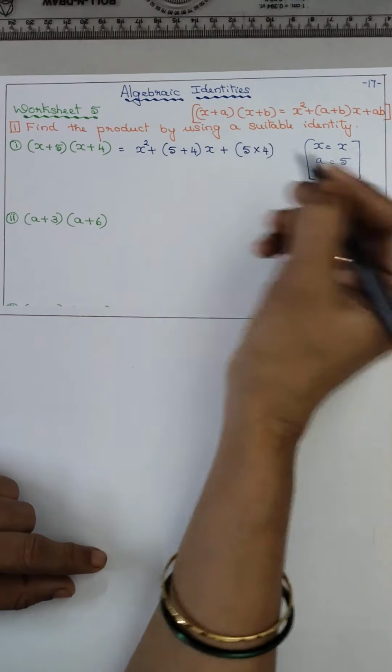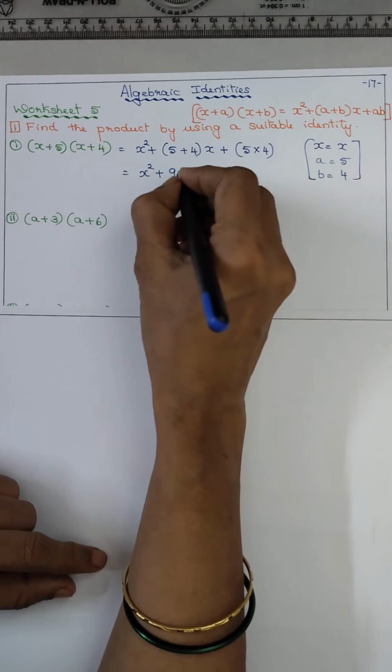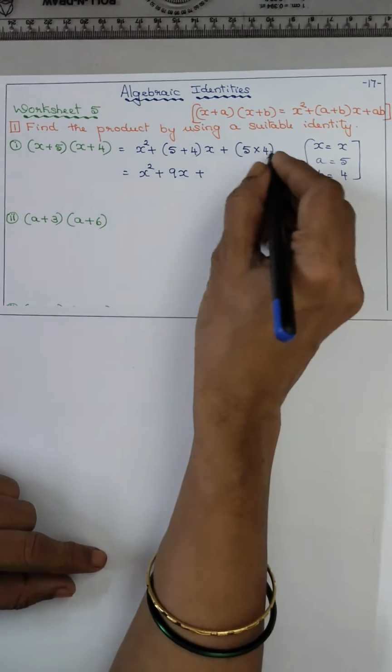So it will be x² plus 5 plus 4 is 9 into x, that is 9x, plus 5 4s are 20. x² + 9x + 20.